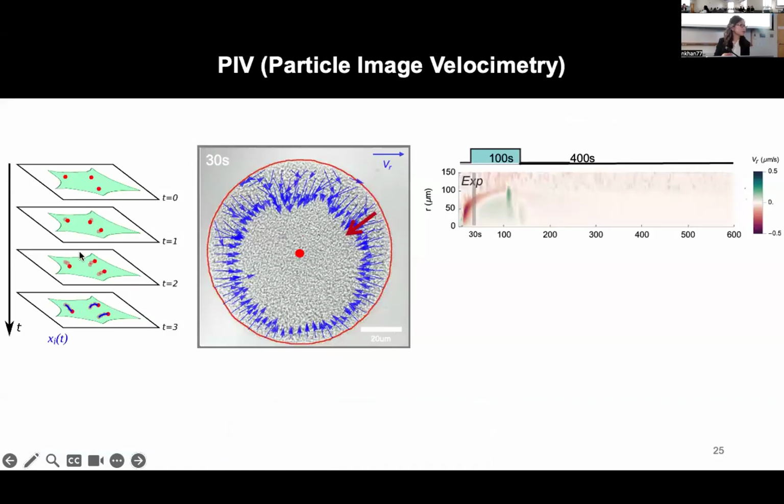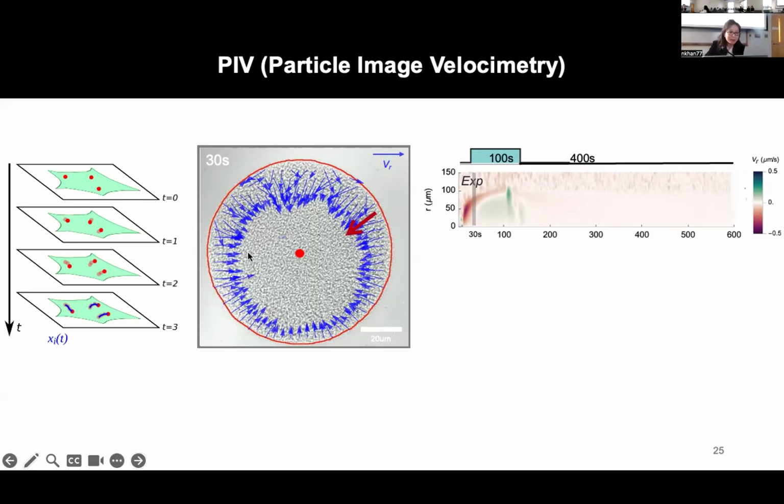Let me zoom in a little bit to look at this data more carefully, and let me explain how I get the data. What we are using is PIV, a particle image velocimetry system. It compares the image at T0 with the image at delta T, segments each particle, and compares which direction it moves.